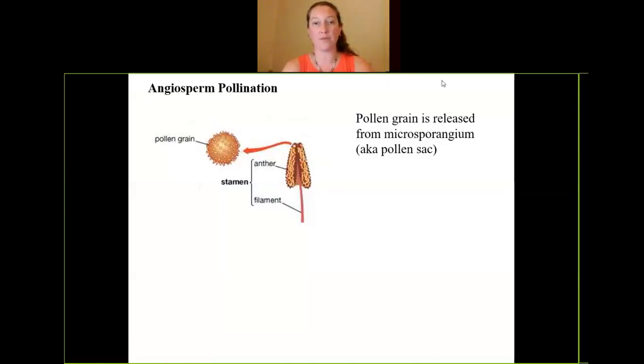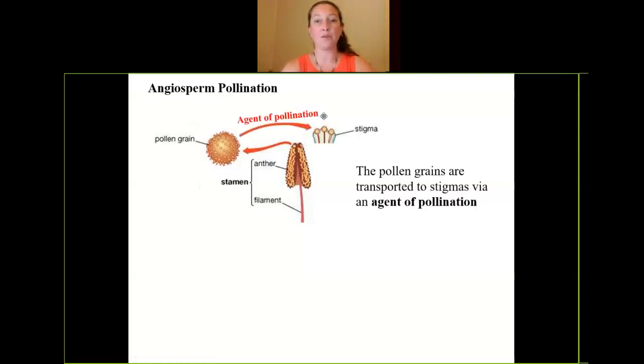It's going to release that from the anther, and then that pollen grain is going to be brought to the tip of a sticky stigma via what we call an agent of pollination. Ooh, sounds like 007. No, yeah, agent of pollination, we talked about in the gymnosperm lab.